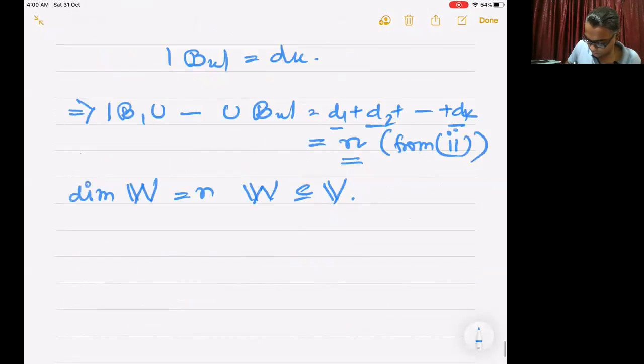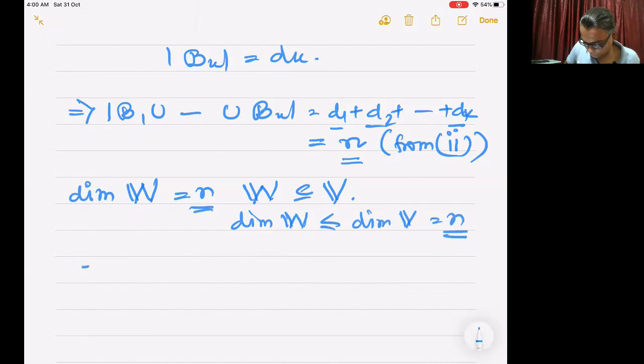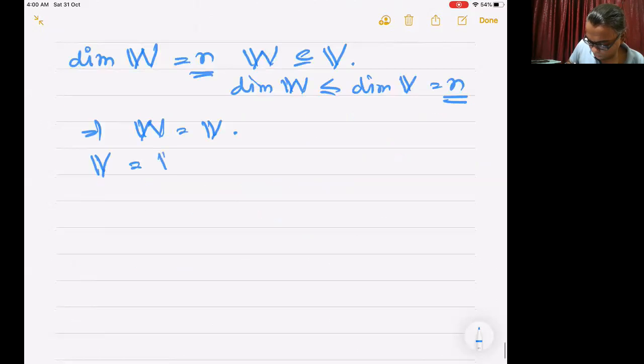Therefore dimension W must be less than or equal to dimension V, which itself is n. So the two dimensions match, which means W must be equal to V, so V is given by W1 plus dot dot WK.